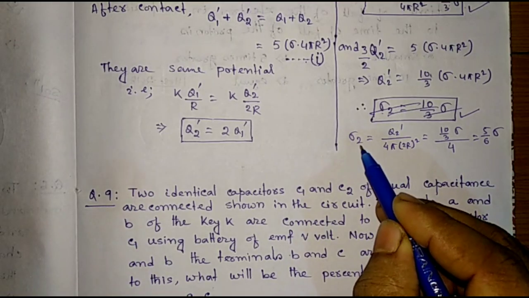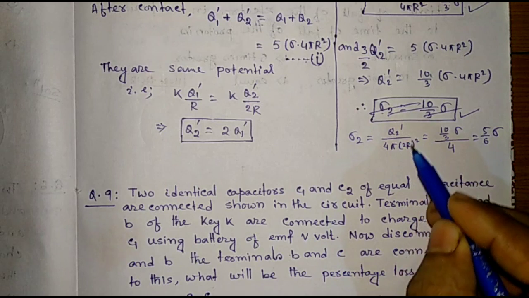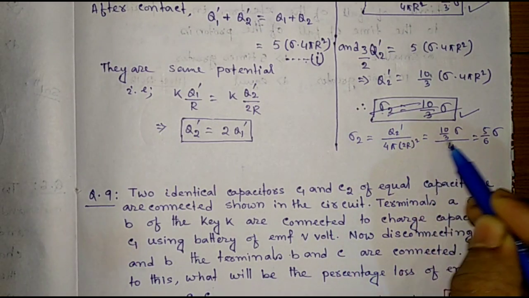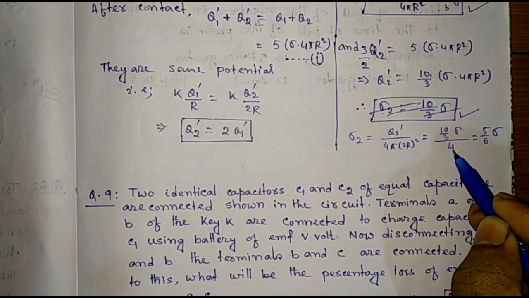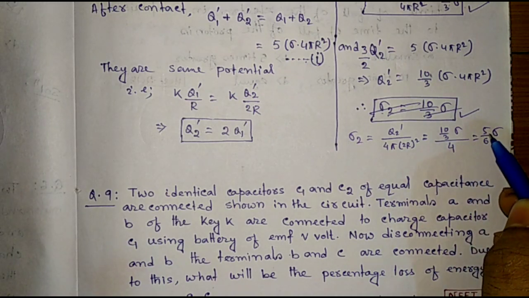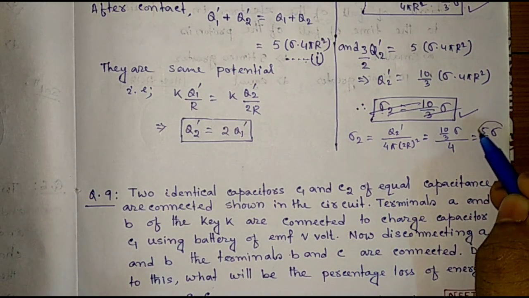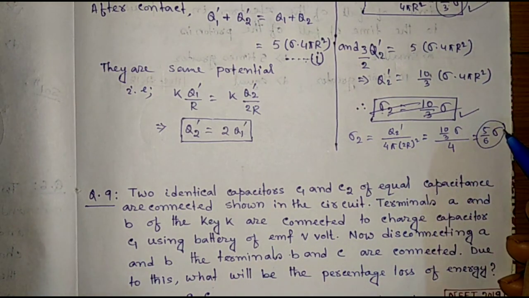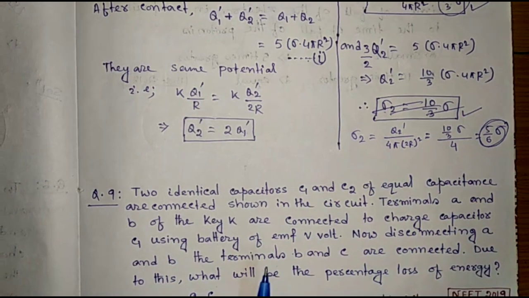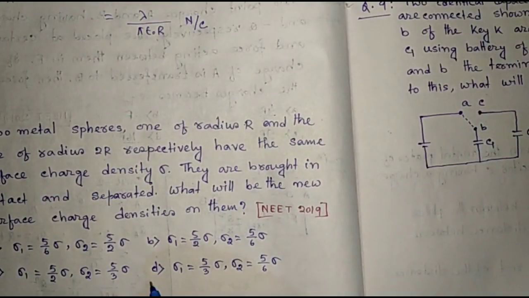Now sigma 2 is equal to q2' by 4 pi (2r) square, which is equal to 10 by 3 sigma by 4. So sigma 2 is 5 by 6 sigma. So option D is the right answer.